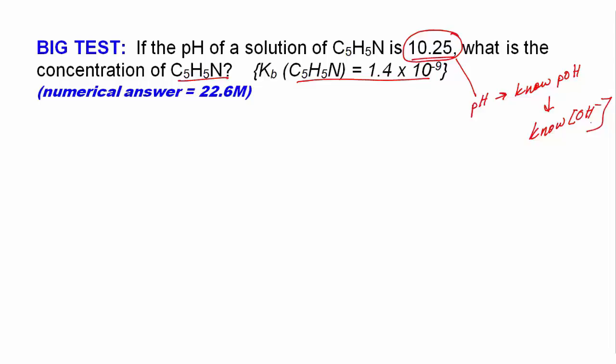So let's just plug things into our Kb expression and see what we can get to work here. Well, let's write our Kb reaction first. That might help. We have pyridine plus water, the hydrolysis of pyridine, Kb reaction, will form hydroxide and the conjugate acid.